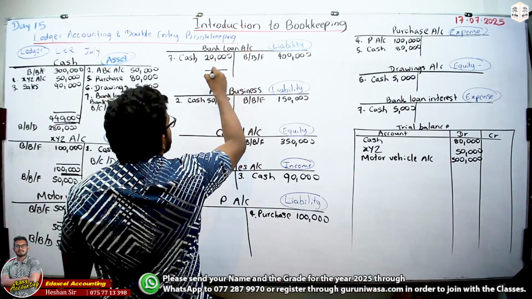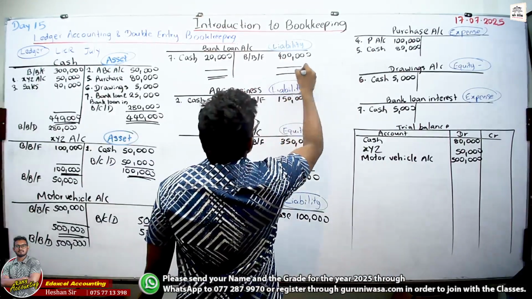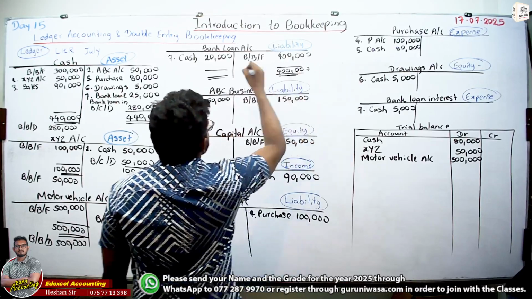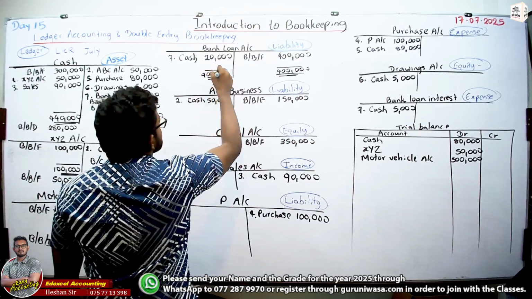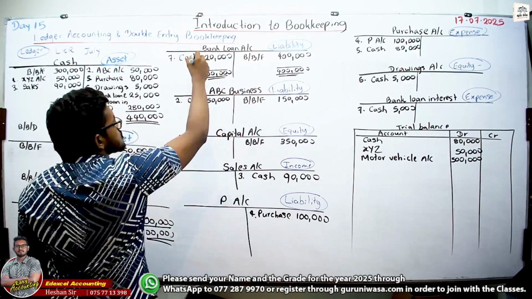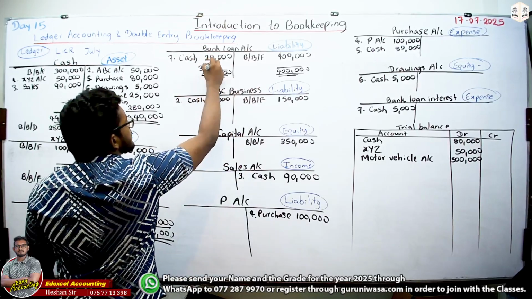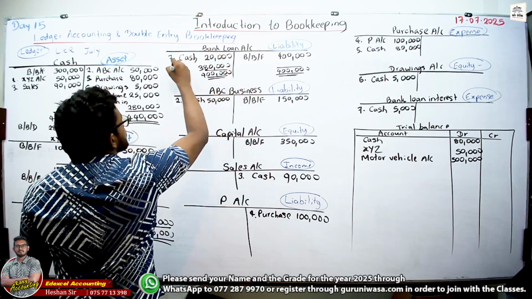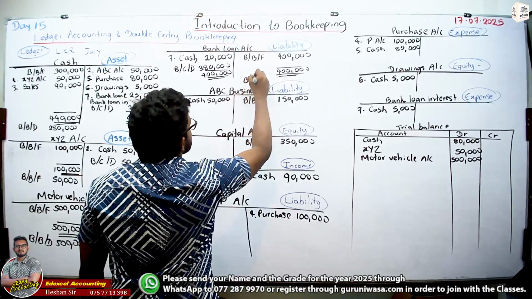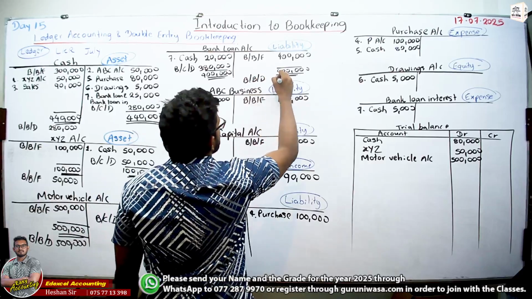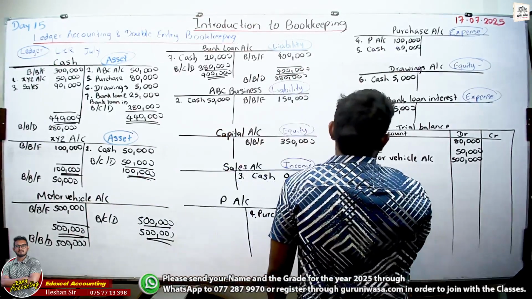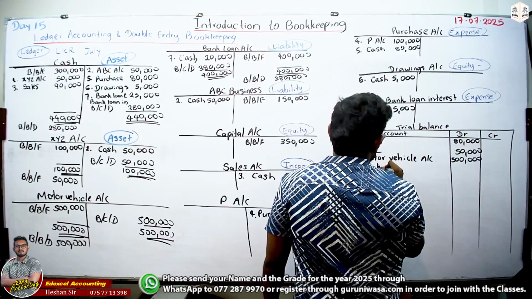When it comes to the bank loan account, 400,000 is the higher value side. The low value side 20 means 380. Balance carried down, balance brought down, right? Bank loan account.